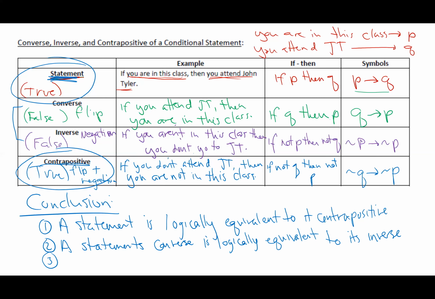Now, the big thing I want you to walk away with here is that these guys are logically equivalent, and these guys are logically equivalent, but a statement and its converse are not logically equivalent, and the inverse and the contrapositive are not logically equivalent. The converse is not logically equivalent to the contrapositive, and the inverse is not logically equivalent to the statement.